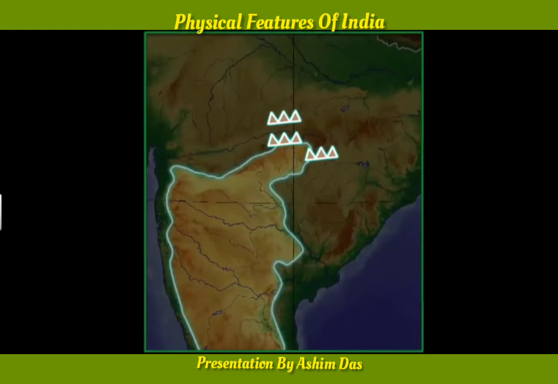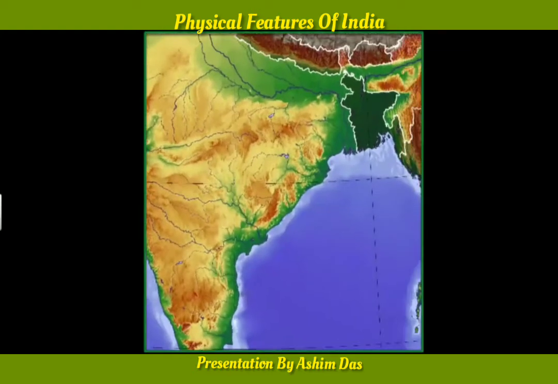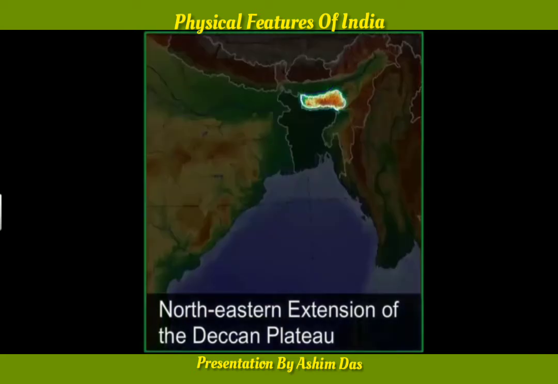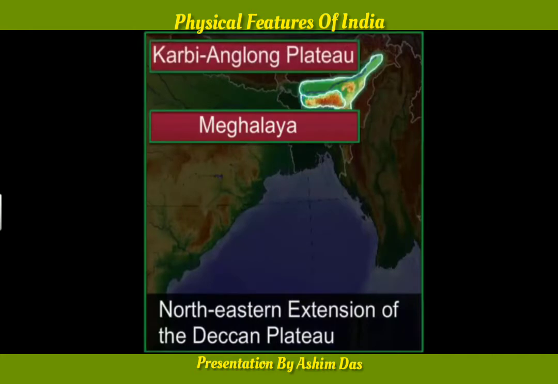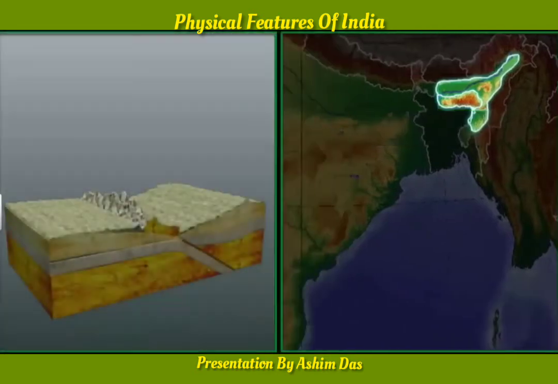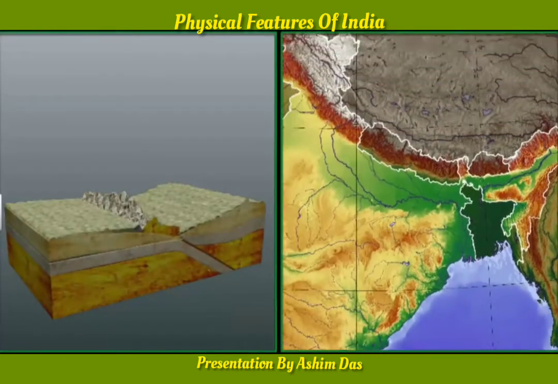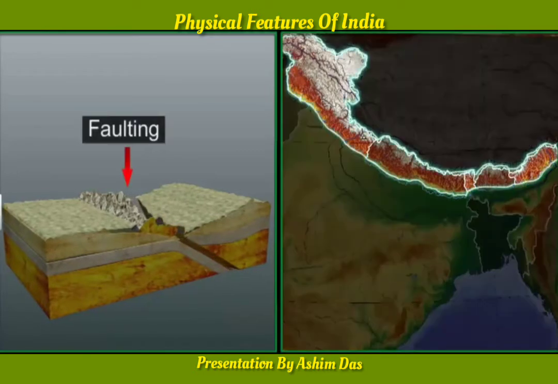In the northeast is an extension of the plateau, called the Meghalaya and Karbi Anglong Plateau. It is believed that due to the force exerted by the movement of the Indian plate at the time of the formation of the Himalayas, a huge fault was created.